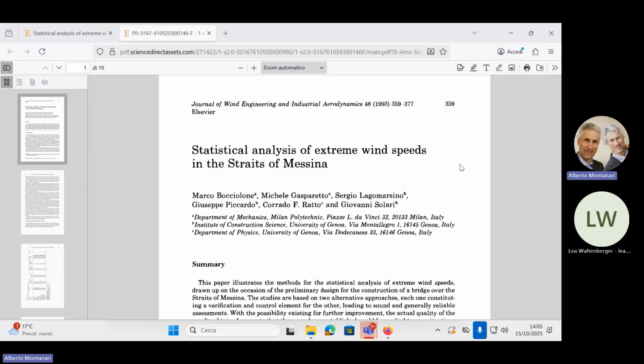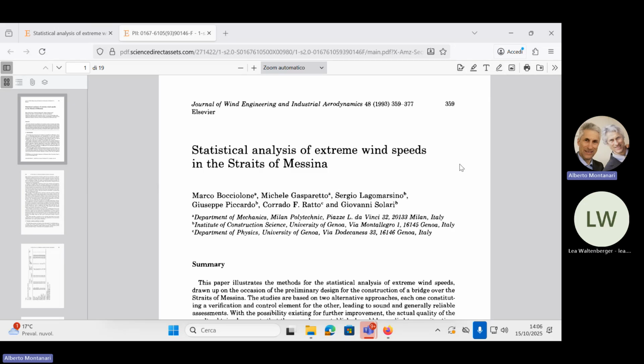Yeah, in short, you can say that the highlighted comparison that the paper develops is between two methods to establish the extreme wind speed: the correlation analysis and the simulation analysis.